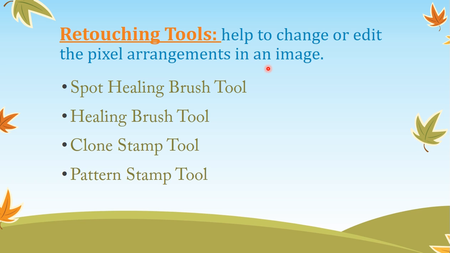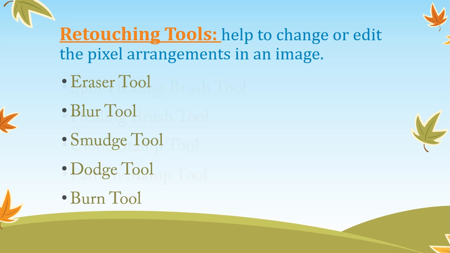So if there are some pixels which are lighter or darker and do not suit our image, those can be changed by using the following tools: spot healing brush tool, clone stamp tool, pattern stamp tool, eraser tool, blur tool, smudge tool, dodge tool, and burn tool. So these are the 9 different tools which are used to enhance or give the finishing touches to our images. Let's go through them.